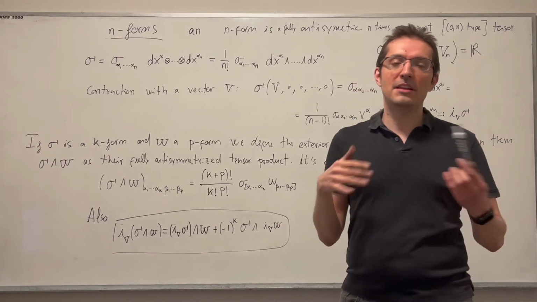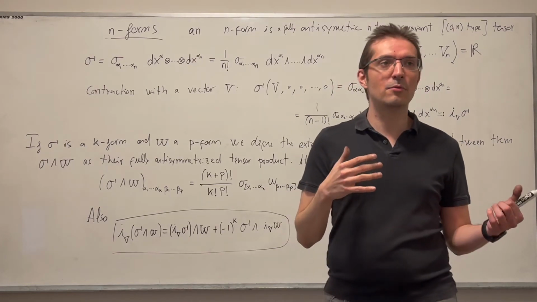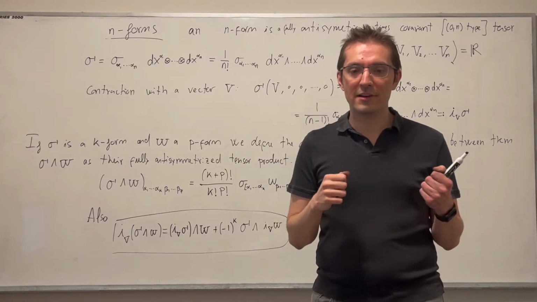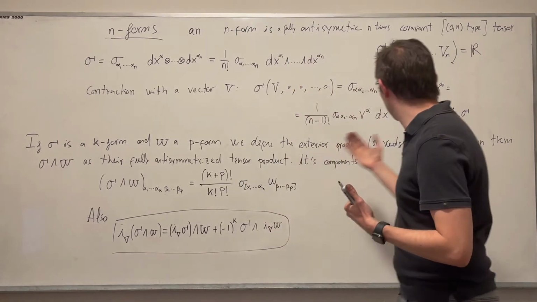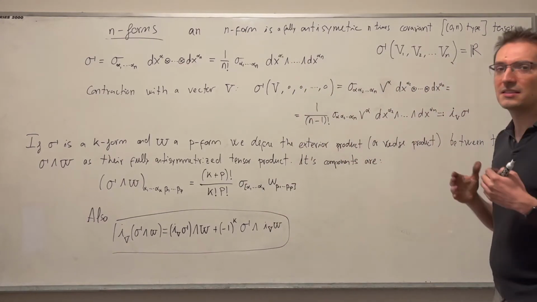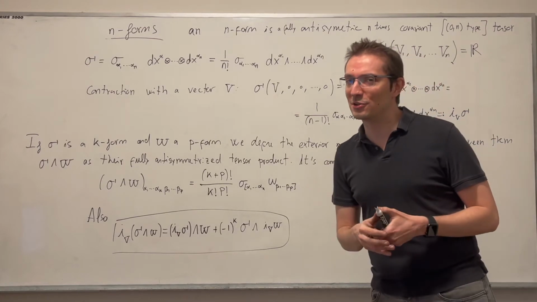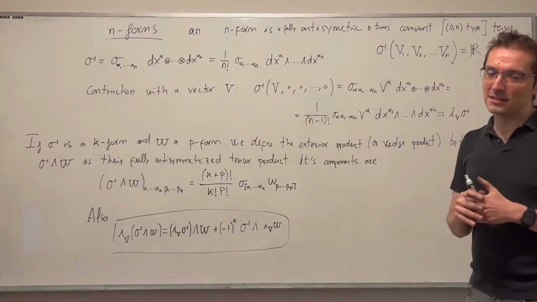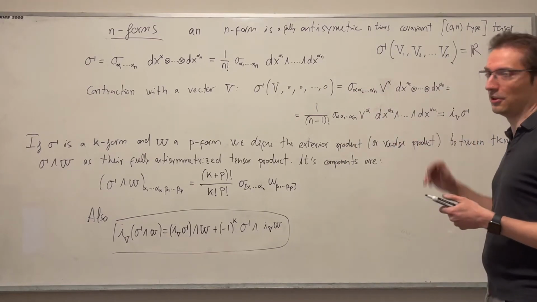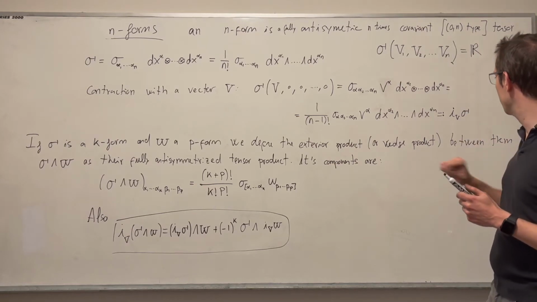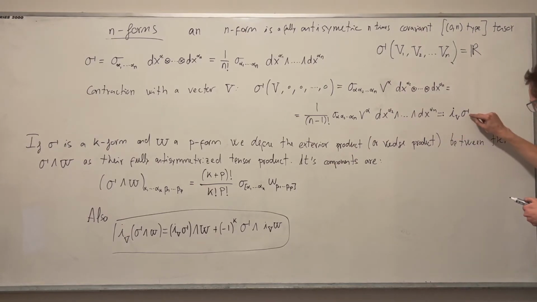But in other contexts, for example, if you were to take quantum 3 and learn what it really means to quantize things, I think it's important to use this notation, and it's important that you know it, so if you see it in books, you're not surprised. Those of you who haven't seen differential geometry, those of you who have, probably you're used to that already. Okay, so I call this the contraction of the n form sigma with the vector v.